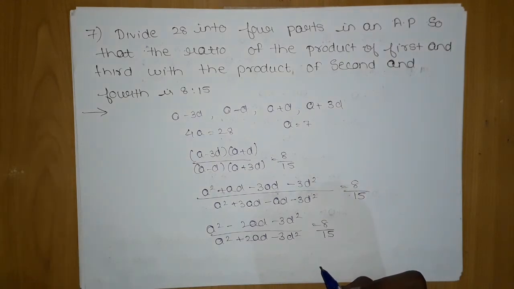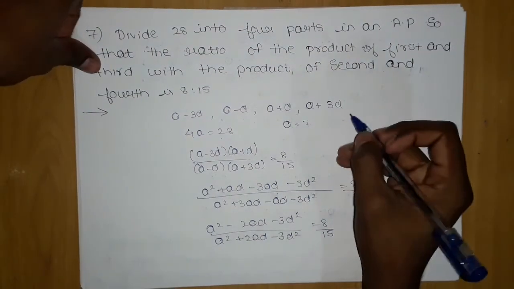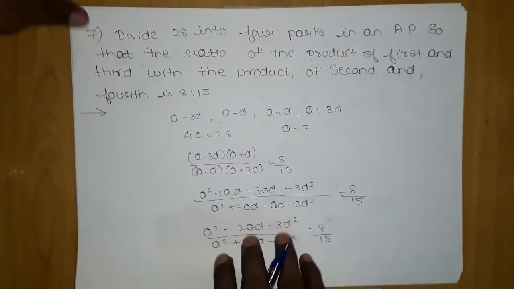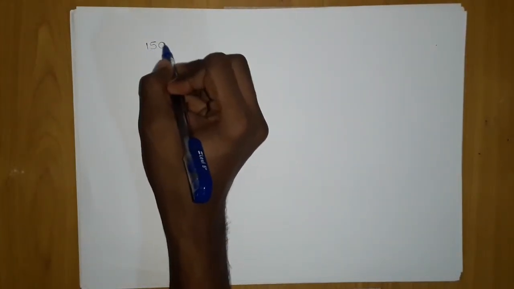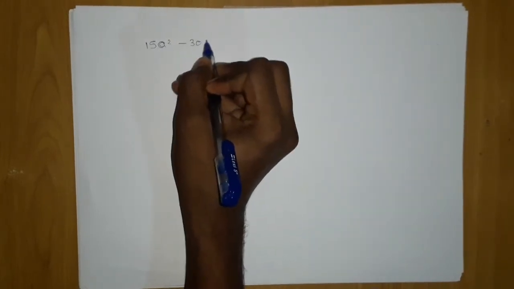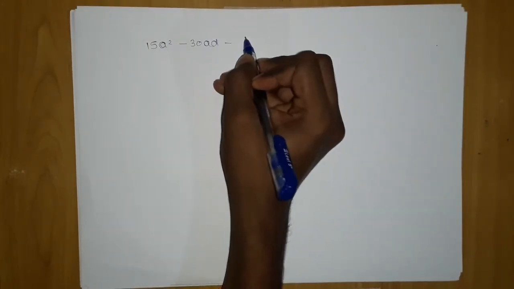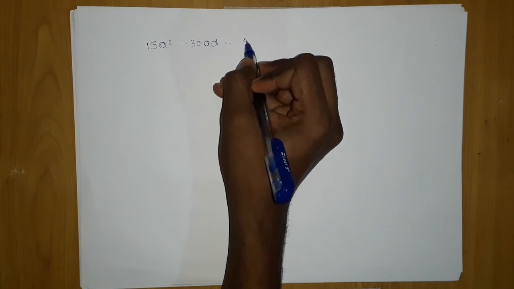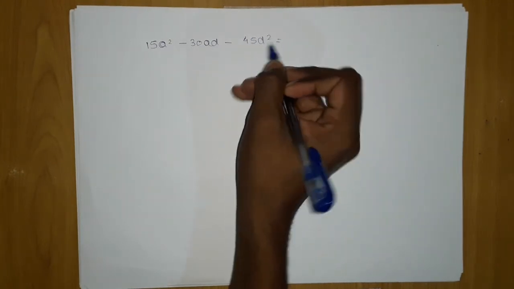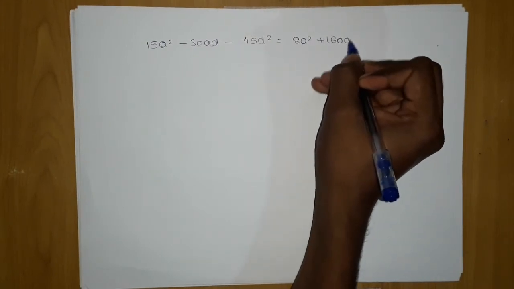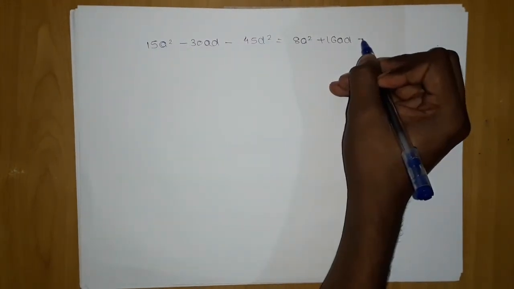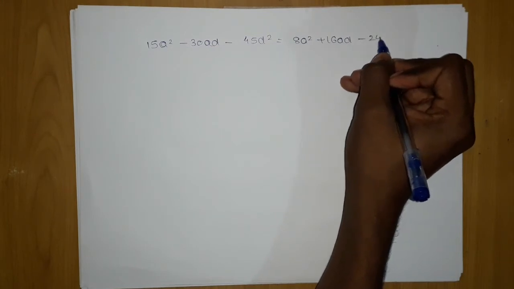Now let's multiply it. Let me take the next page. What I'm getting is 15 a square minus 30 ad minus 45 d square should be equal to 8 a square plus 16 ad minus 24 d square.